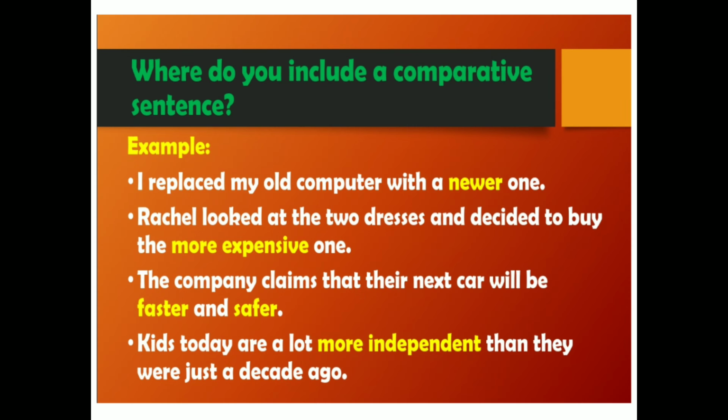So where do you include the comparative in a sentence? A comparative adjective can be placed immediately before the noun or pronoun that it modifies, or it can be used as the subject complement together with linking verbs such as be or seem.